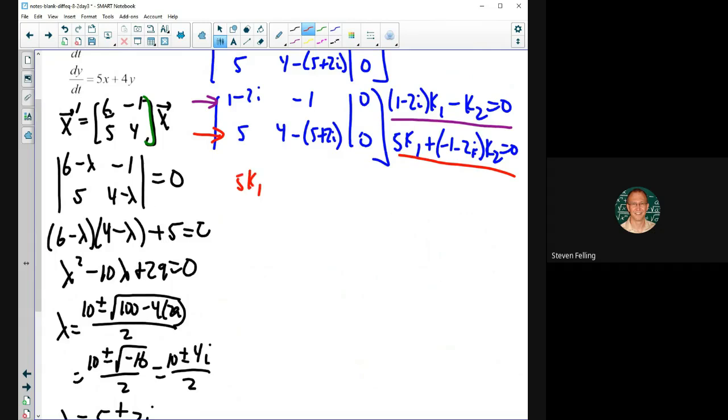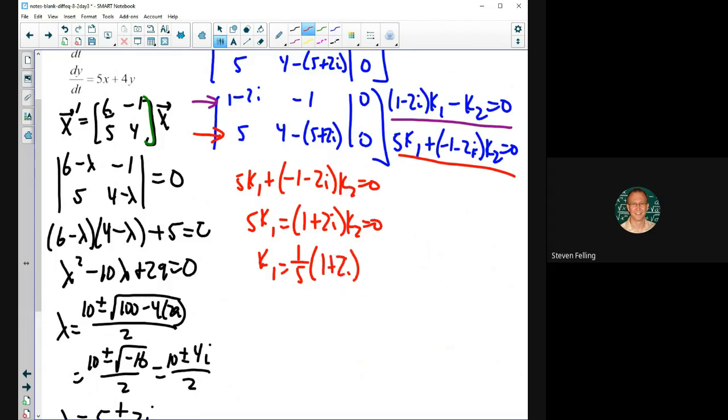5k1 plus negative 1 minus 2i k2 equals 0, which means if I move that to the other side, these become positive. So 1 plus 2i k2 equals 0. And then that means k1 is 1/5 of 1 plus 2i k2.